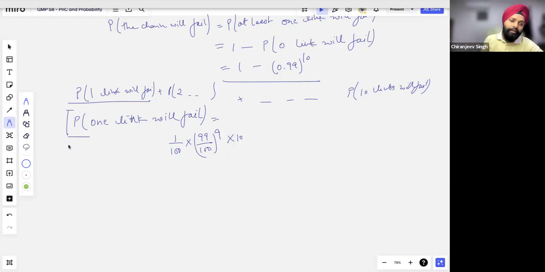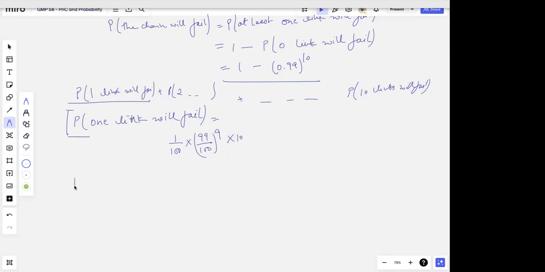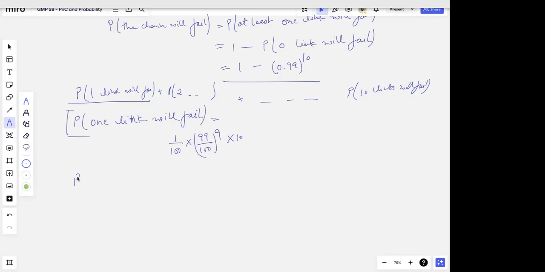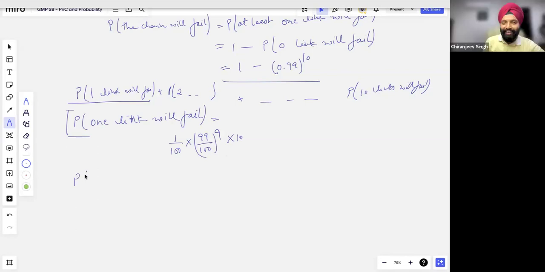Let's say there are 10 links and I ask you about one specific link. What is the probability that that one link will fail, by pointing it out? 1 by 10. How did 10 come? Let's say my question is that the first link will fail.